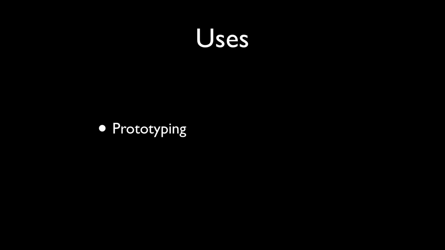Now, what's the use for weak typing? It's very beneficial for prototyping, where you basically quickly hack something together and want to get things running as fast as possible. And the other thing is, of course, you don't have to change any source code. You don't have to declare properties, you don't have to declare IVARs.